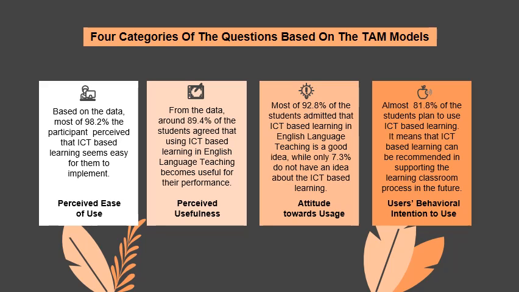From the worst item of the students' perceived usefulness, around 89.04% of the students agreed that using ICT-based learning in ELT becomes useful for their performance. So, it can be inferred that the use of ICT-based learning in the ELT course can be useful to enhance students' ELT performance.